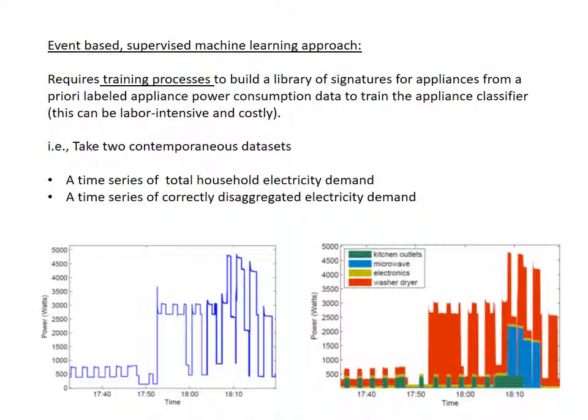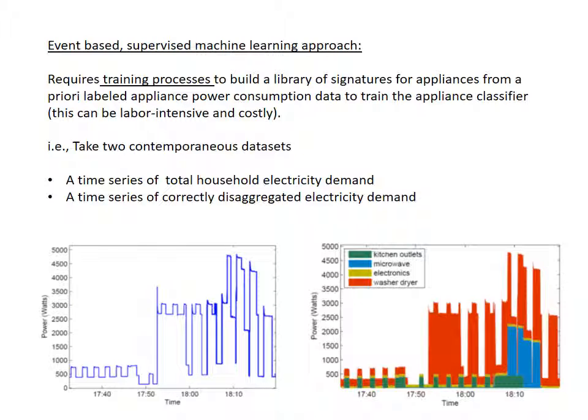So in some cases, in order to build this library, you may have to have a series of test houses where you install plugs on all these different devices in order to understand how they're used within a household and what levels of power consumption they're associated with, whether it's as simple as them just being turned on and off, or whether they're fluctuating or going through different levels throughout the cycle of a device's use.